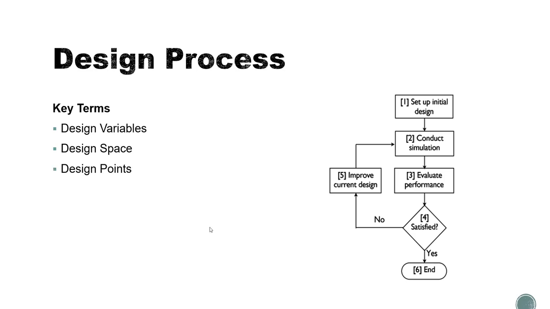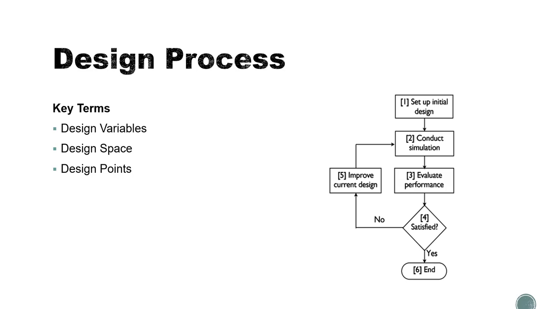Finally, we have design points. Any point that lies in the design space is called a design point, and this design point is used to evaluate the performance within the design space. Let's talk about the thickness example again.